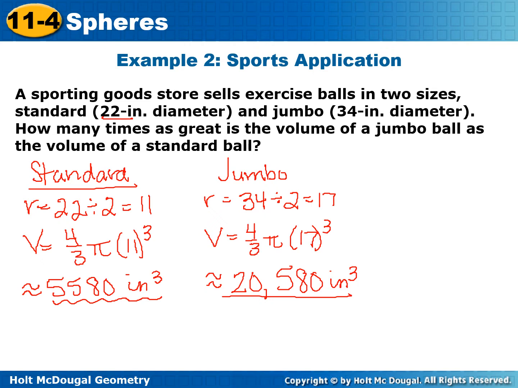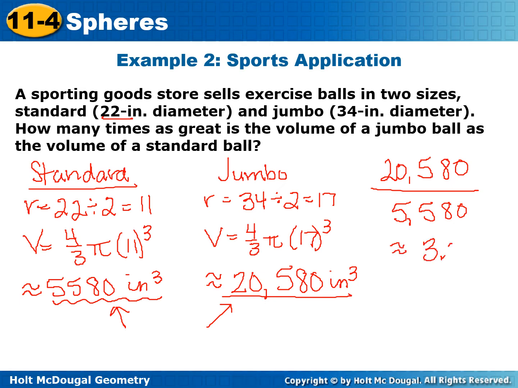So if we want to find how much greater this one is than this one, we're going to take 20,580 and divide it by 5,580. And so that gives us approximately, let's go 1 decimal place, 3.7.